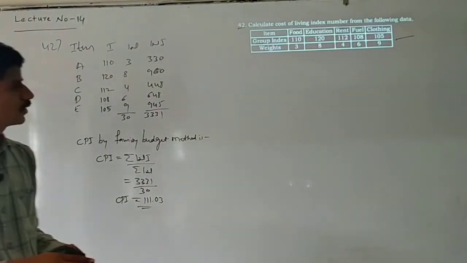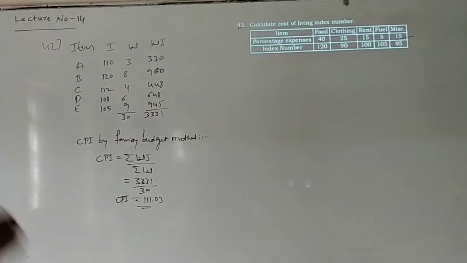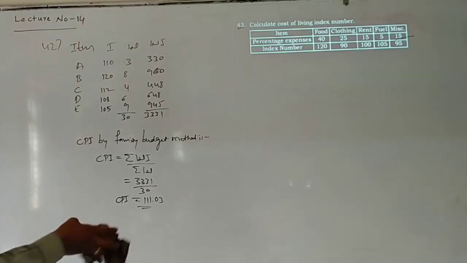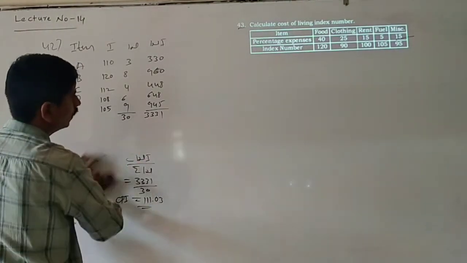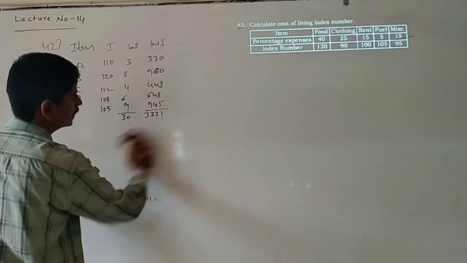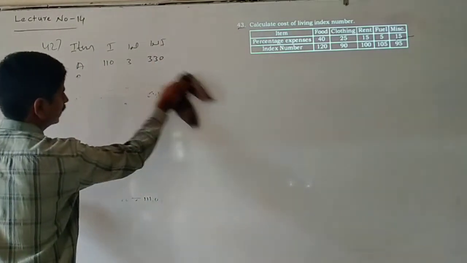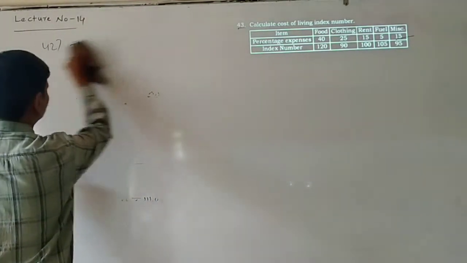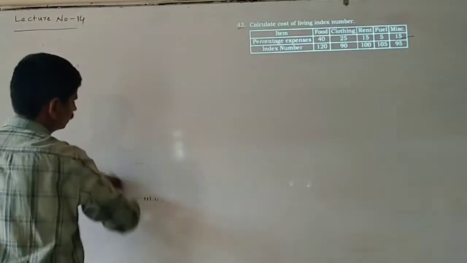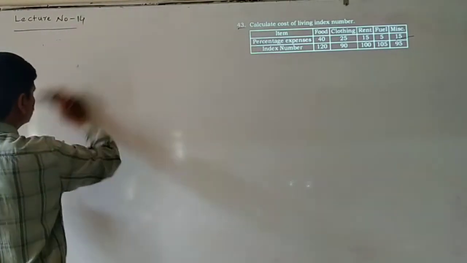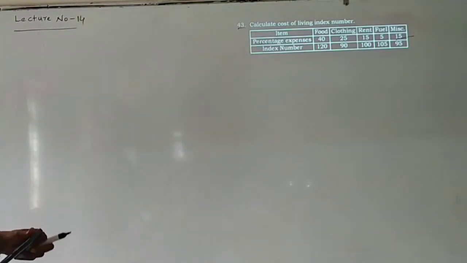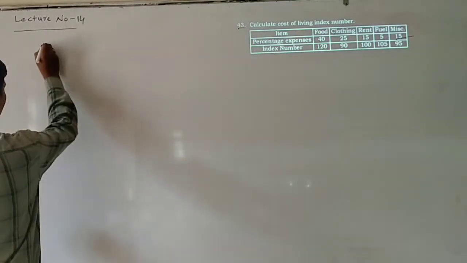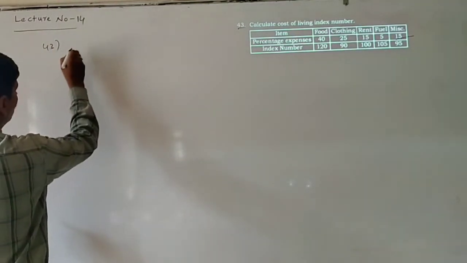Okay. The next problem, number 43. Calculate cost of living index number. They are given items, percentage expenses and index number. Write down the given data, that is 43 solution. Items first.